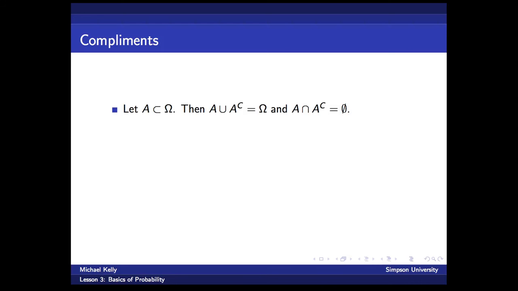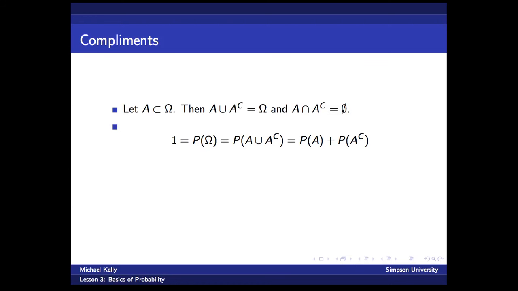Now let A be any set in omega. Then everything is either in A or it's not in A. So A union its complement is the entire sample space omega, and A intersect its complement is empty, because nothing is in both A and not in A. So from the first rule of probability, 1 is the probability of omega, but the identity says that omega is A union A complement, and those are disjoint.